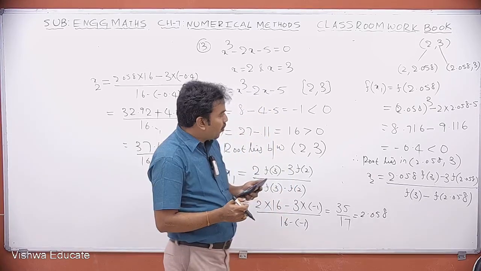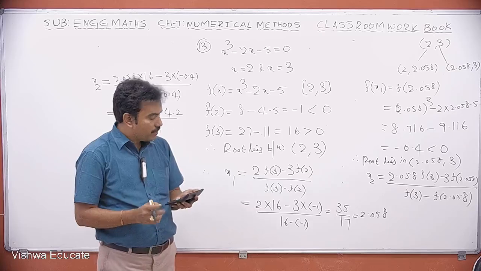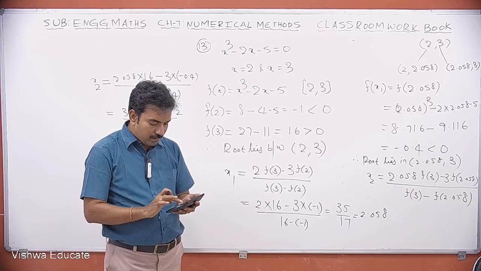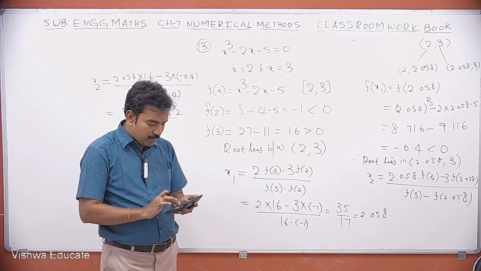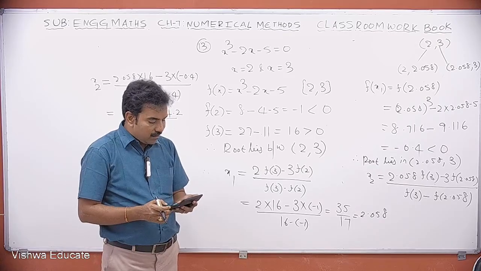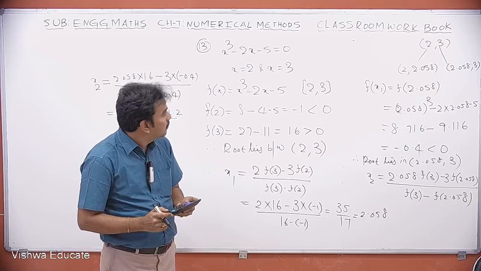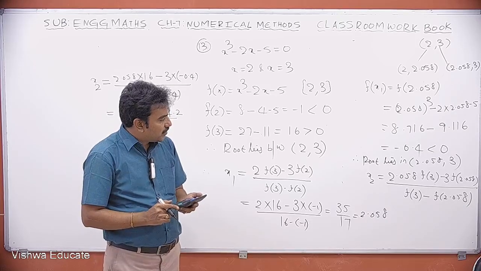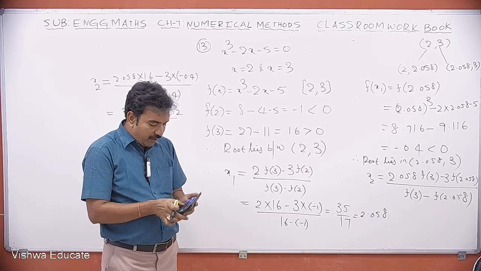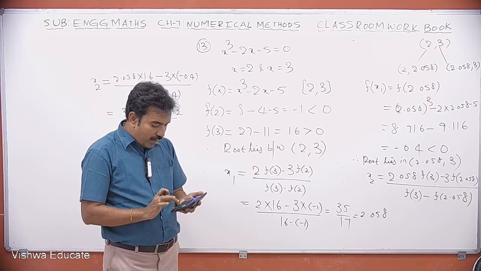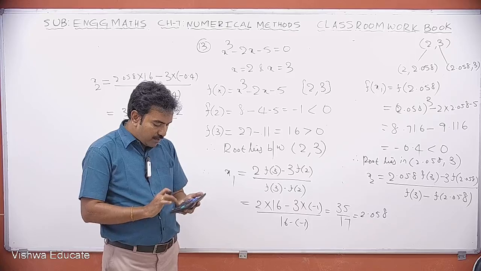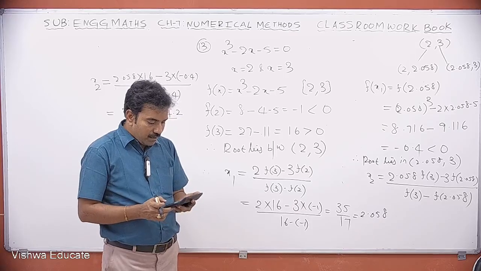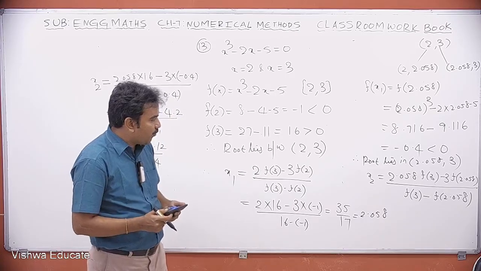This is 8.716. Then 2.058 into 2, minus 5. So add 5, you will get 8.716 minus this. It gives me 0.4. So it is a negative value.